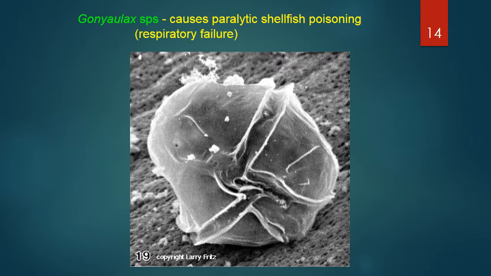And that is produced by the, I can never say this word correctly, Gonyaulax species, and it's consumed by the mollusks and the fish, and they don't have any ill effects. But it's a neurotoxin, and it causes respiratory paralysis in mammals, and so therefore it is known as shellfish poisoning, because those who eat the shellfish then have respiratory paralysis and die.